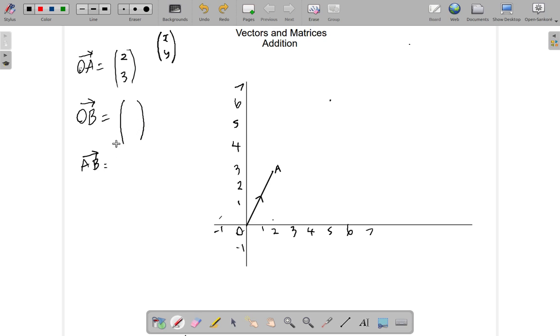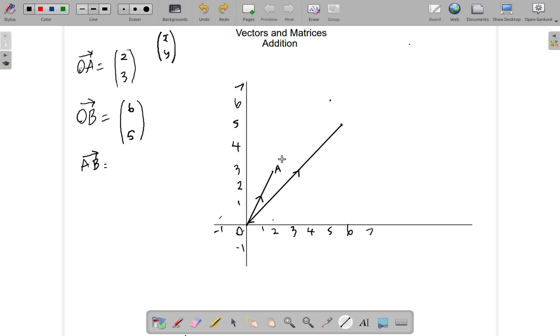So let's say OB is (6, 5): 6 along the X and 5 along the Y. Looking at a point above the 6 and beside the 5, I estimate it's here. I think this is a little better. The two vectors are not so close, there's a little space between them.